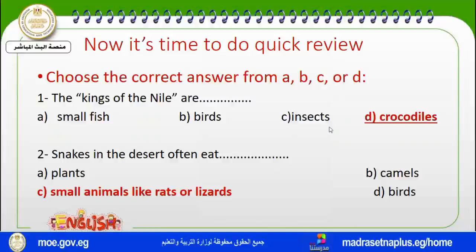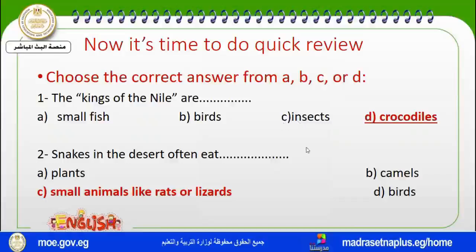That's why they are called the kings of the Nile. Small fish are not the kings of the Nile because they are small, and birds fly in the sky, so how can we call them the kings of the Nile? And the insects are very small, tiny objects, so they cannot be called kings of the Nile.